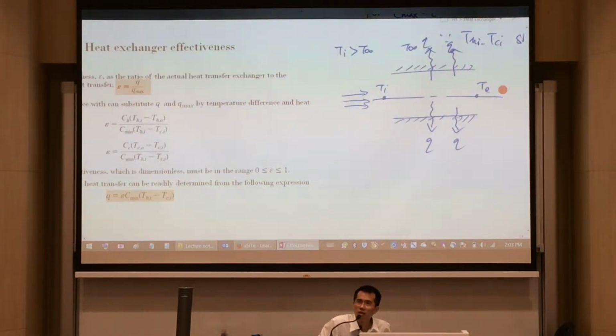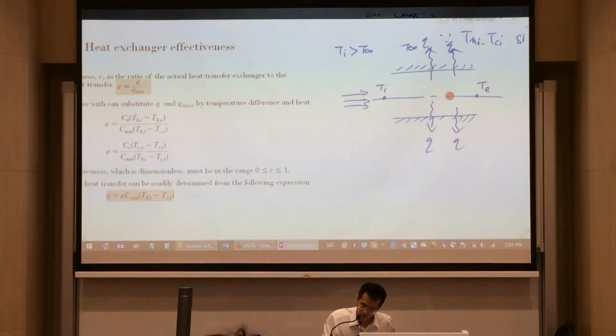So, could you make a guess if Te, this temperature over here, is it higher or lower than Ti? Right, it should be lower. That's because as this fluid flows along, it's going to lose its heat to the environment. And as it loses heat, its temperature is going to drop along the way. So Te will be at a lower temperature.